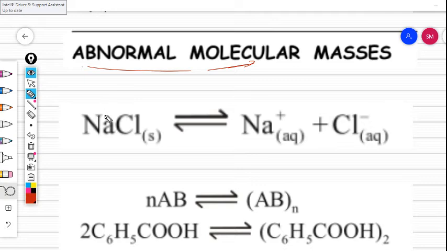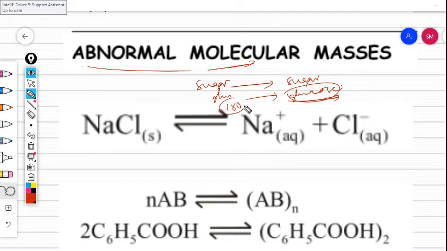So what is happening if you dissolve sugar? Sugar will dissolve and it will be sugar only. If you take glucose, even after dissolving it will be glucose only. There is no change in the molecular form. There is no change in the number of particles. Whatever 180 molecular weight of the glucose you had before the dissolution, after the dissolution it is the same.